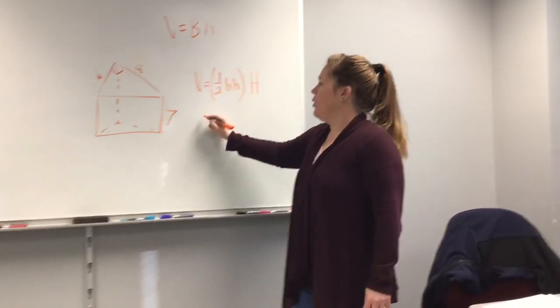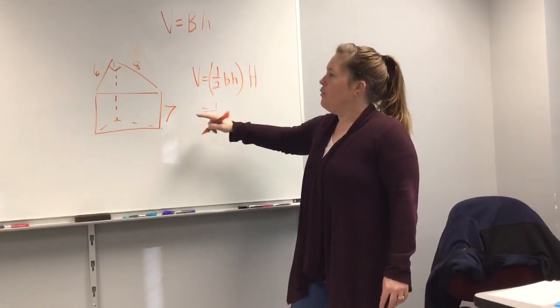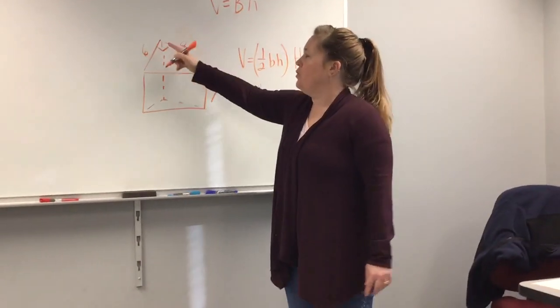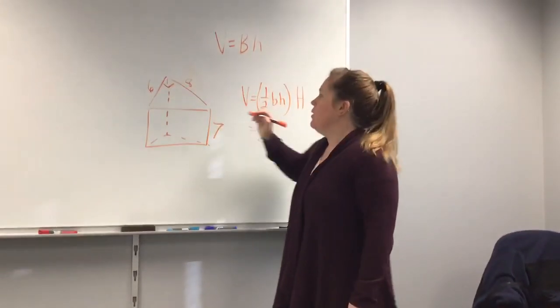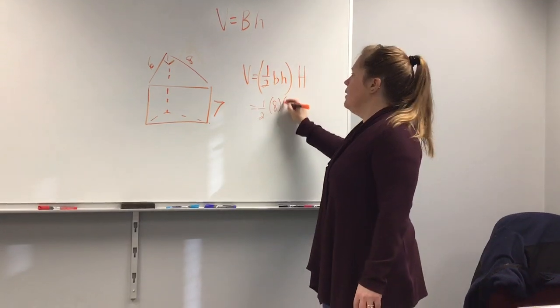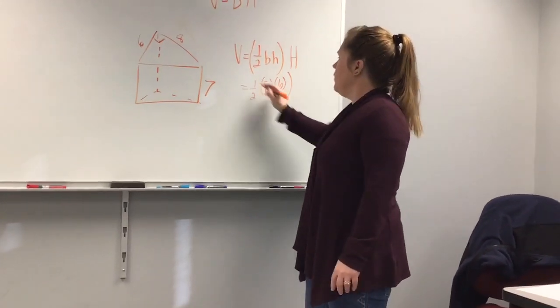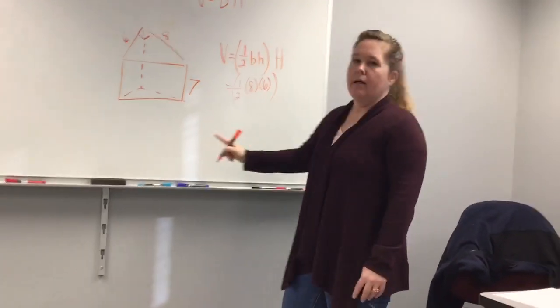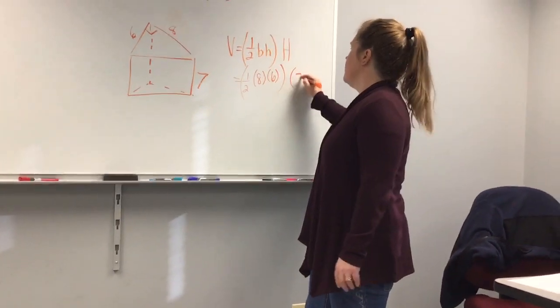We know the base is going to be perpendicular to the height of the triangle. So the base is 8, the height of the triangle is 6, and then we're going to multiply that whole thing by the height of the whole prism, which is 7.